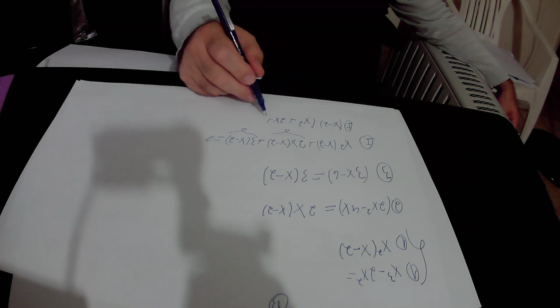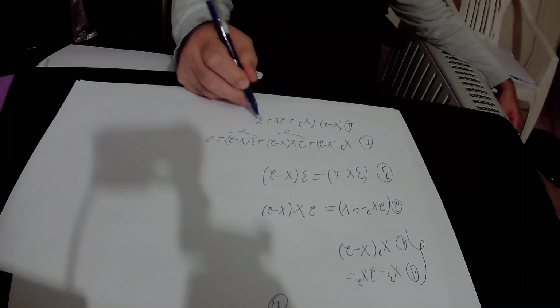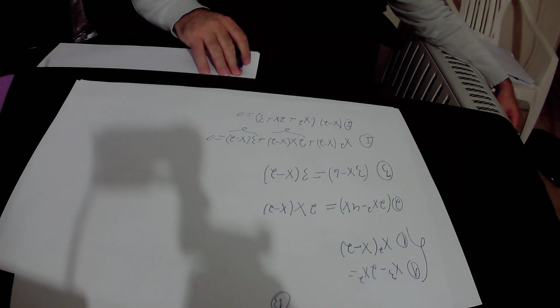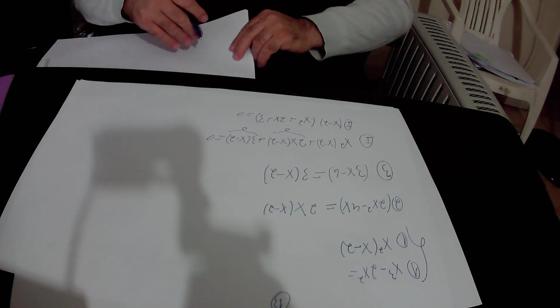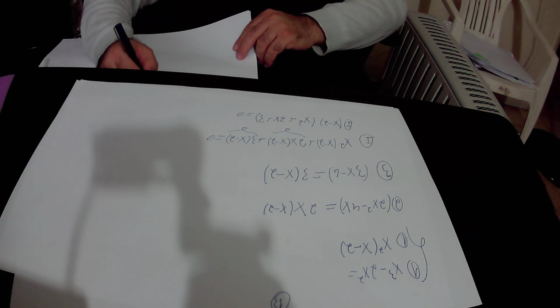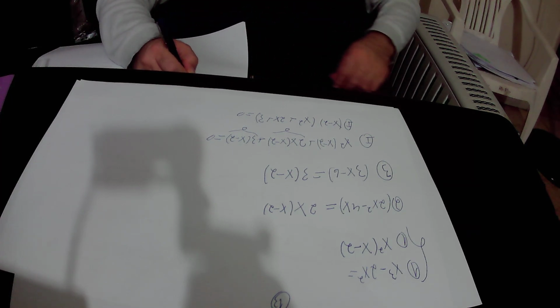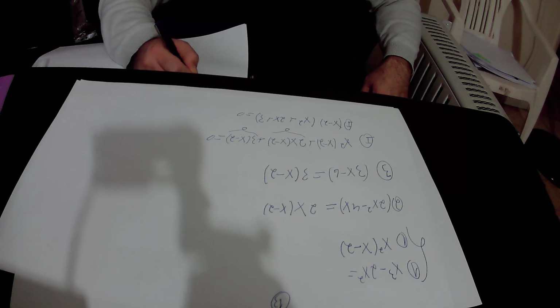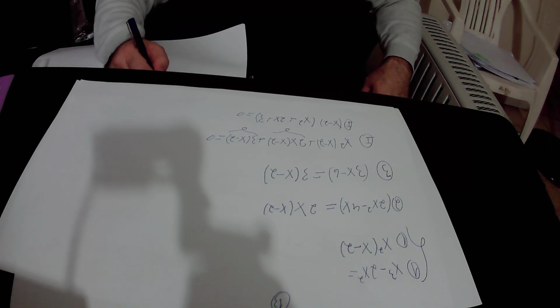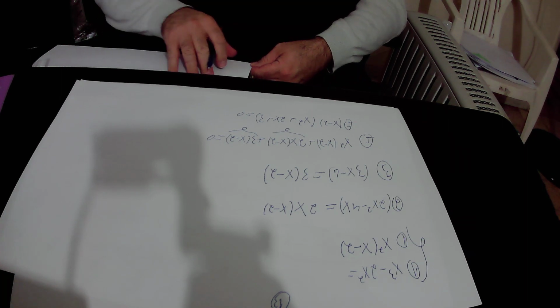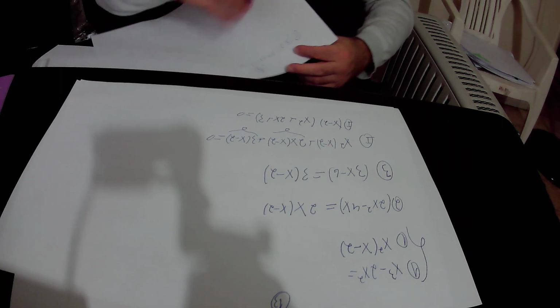What is left is actually 3, and all equals 0. So we have here equation number 1 that states that x minus 2 times x squared plus 2x plus 3 equals 0. So we got this expression.